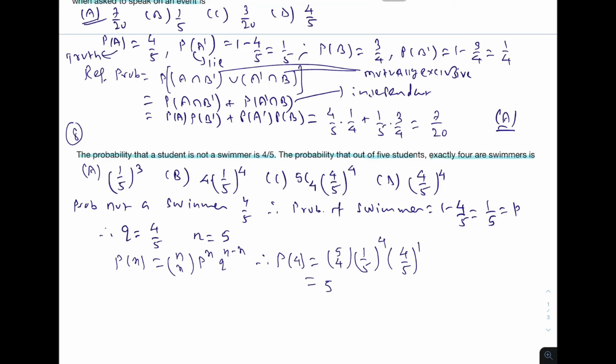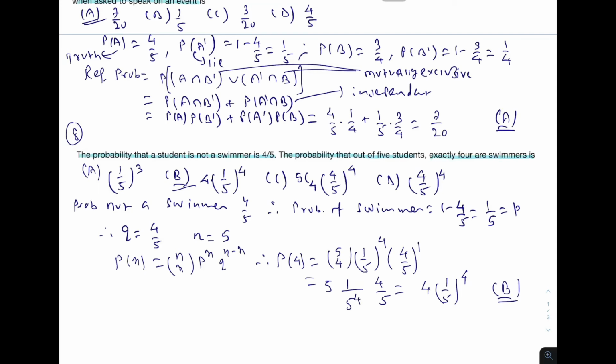So 5C4 is 5, this is 1 by 5 power 4, and this is 4 by 5. So the answer is 4 into 1 by 5 power 4. So the option is B, so B option is the answer.